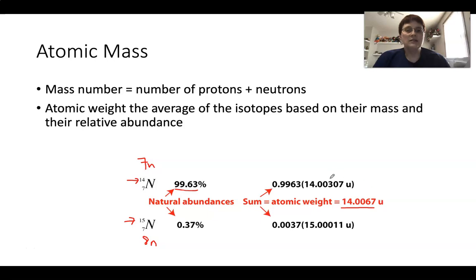So you can see it's just a little bit more than the normal N14 isotope. That's why those are mostly decimals, because of that average abundance.